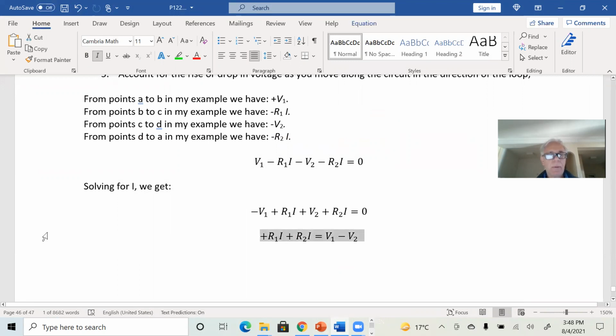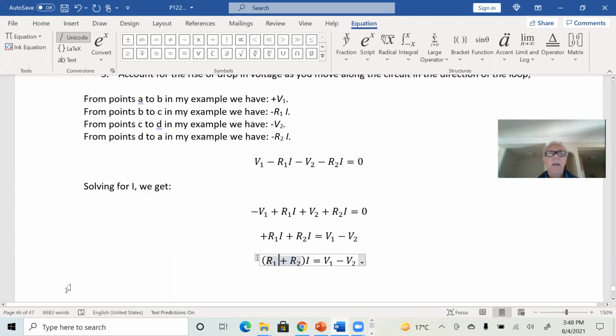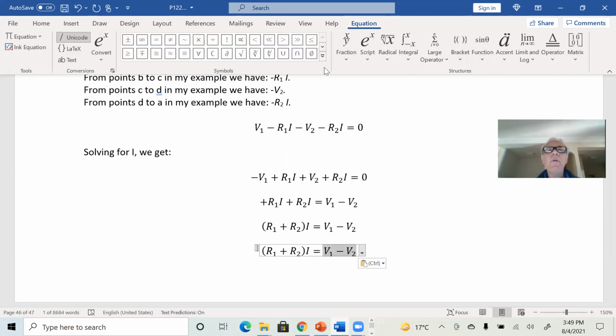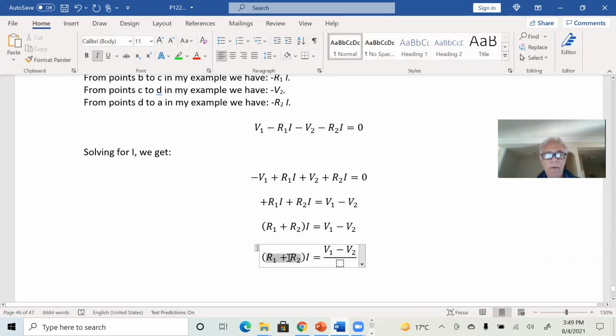In the next step, we are going to put I in evidence, and we can solve our problem. Like I said, that's the easiest type of problem that you're going to see out there when it comes to loops, Kirchhoff loop law. R1 plus R2 goes downstairs, and that's what you get for the current in your circuit.